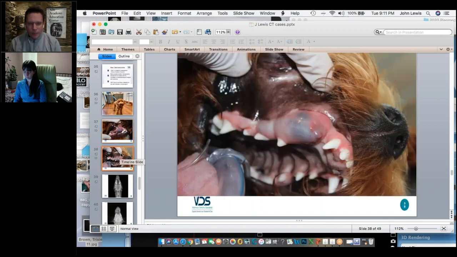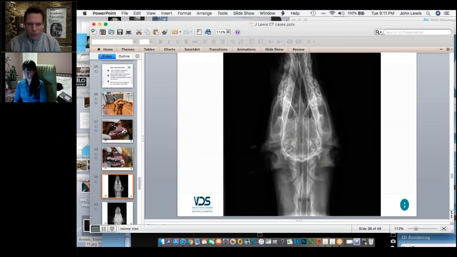And so the plan was to go ahead and put him under, get a cone beam CT, and go ahead and surgically explore this area based on the findings of the CT. Here's some skull films that were done at the primary care vet, and you can see how very difficult it is to make sense of the dorsoventral view because of having to interpret through the superimposed mandible.